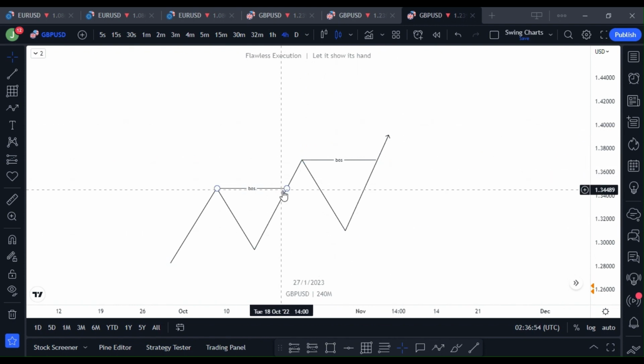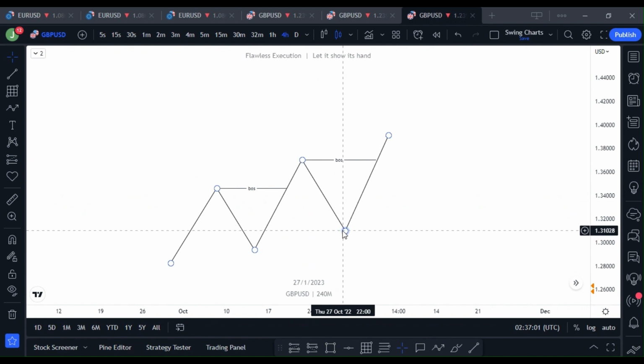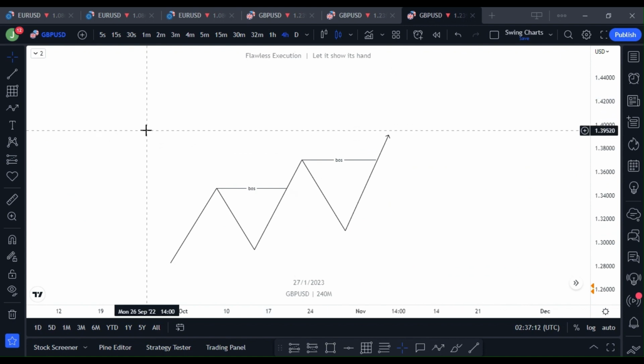So why would you buy here on the breakout when you could just wait a day or two and get in down here with a much smaller stop loss, much better risk to reward ratio, and much better chance of getting those big account growth trades, which is what we want.